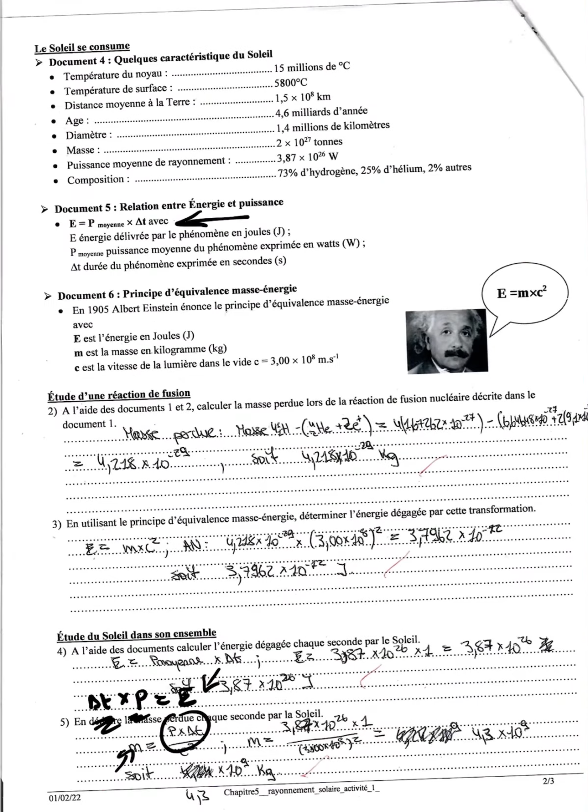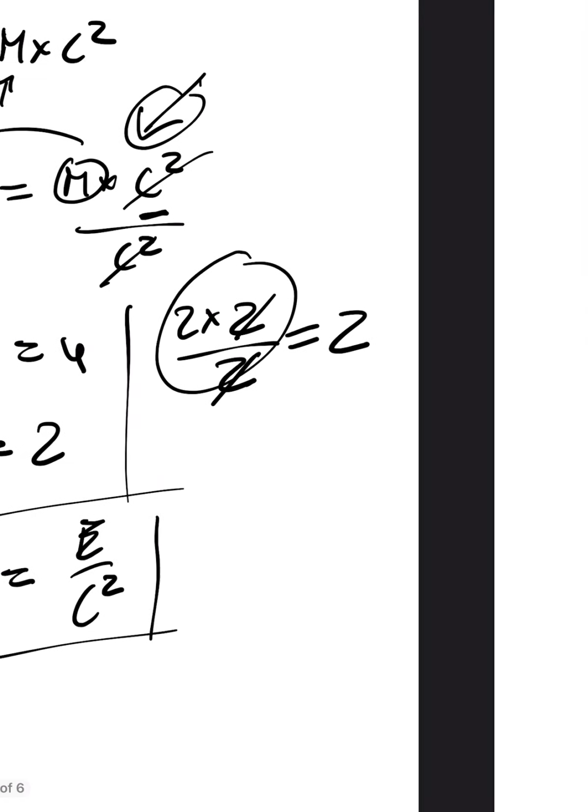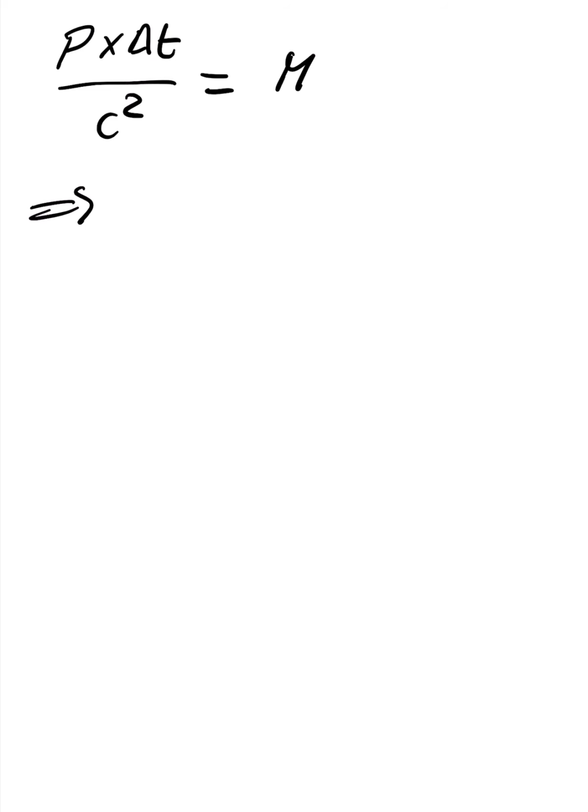So what we can do is write power times time over C squared is equal to mass. But this doesn't mean that this is wrong. This is still correct.